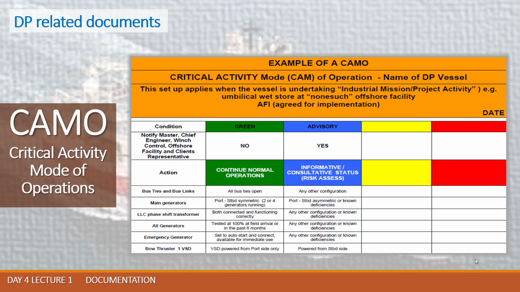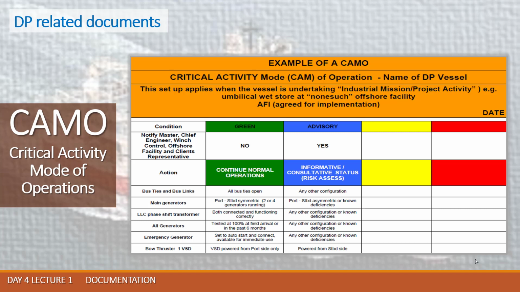Now we know that we have to pre-configure our vessel to meet the level of redundancy available for our vessel, in the way that all buses must be open, and in a closed bus tie breaker situation we should not achieve our level of redundancy.